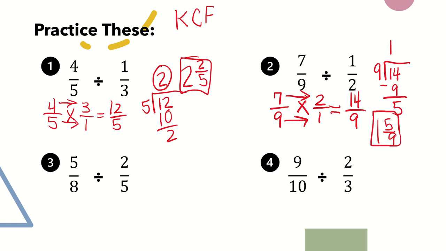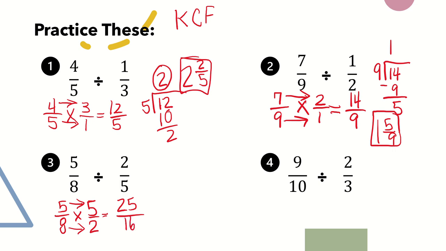Let's next look at number 3. Keep, change my division sign to a multiplication sign, and next flip. 5 over 2. Multiply straight across. 5 times 5, 25, over 8 times 2, which is 16.